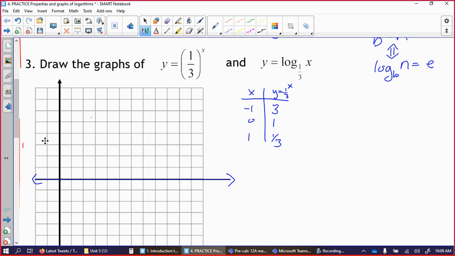So negative 1 and 3, negative 2 and 9. So we have that. I really should. Okay.